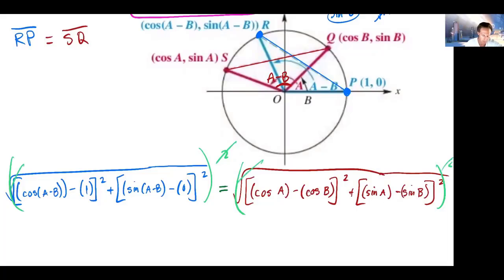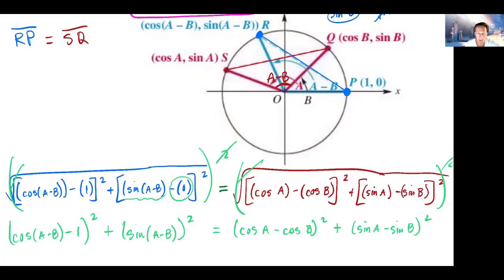Now, what I'm left with over here is the cosine of A minus B minus 1 quantity squared, plus when I subtract 0, I'm just left with this. So the other one would be sine of A minus B, that angle, the argument we call it, squared. And it would be equal to the other side. And so our next step is to square and expand out to see if we can rewrite this in a little bit better form.